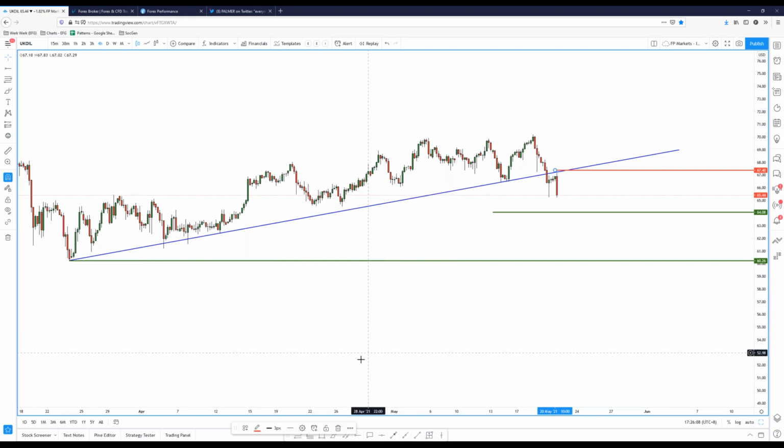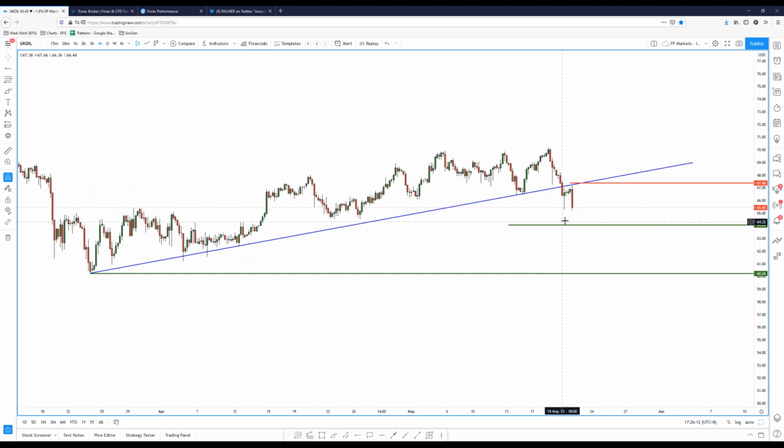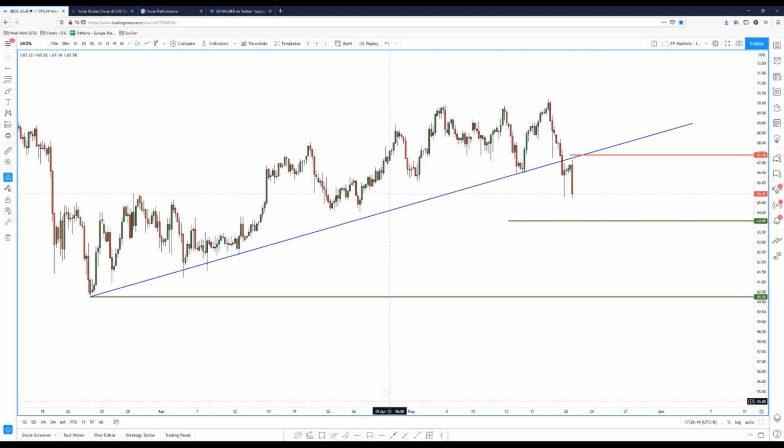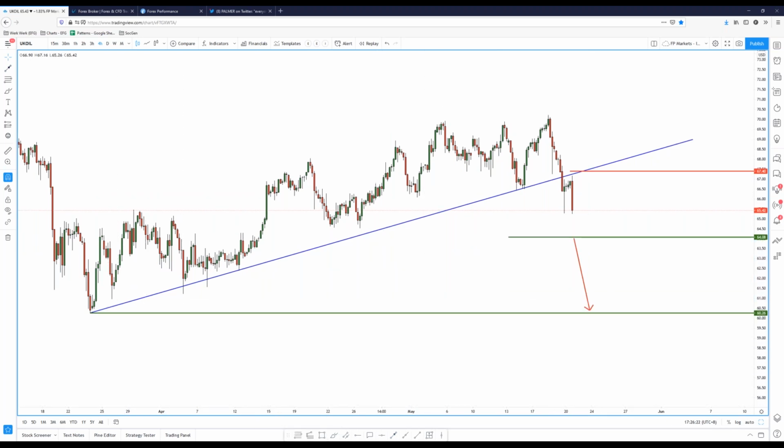So these are the key levels for oil that I'll be looking out for. A break and a close below 64.08 will definitely give me a very good shorting opportunity, all the way down to 60.26.